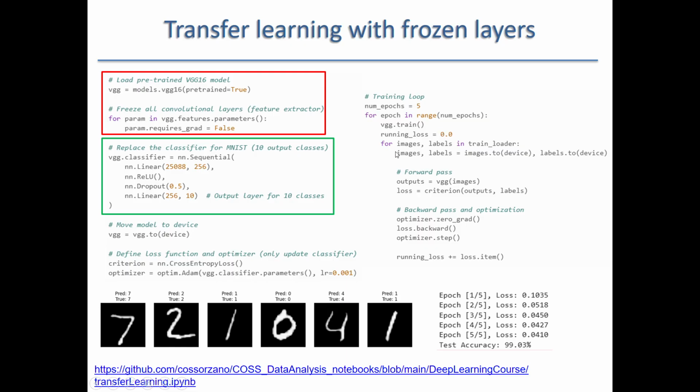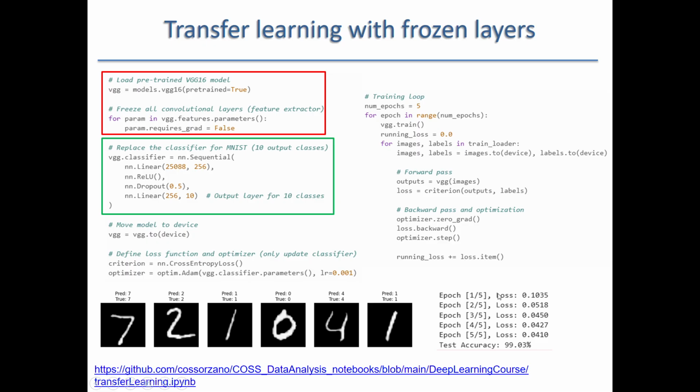We compute the output of this model that has our modified classifier on these images, we compute the loss, and we optimize, and that's it.